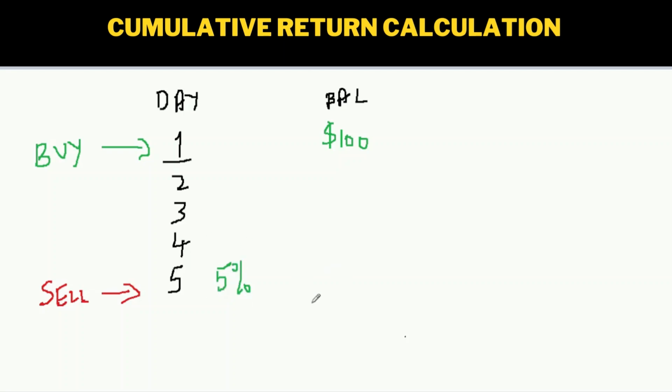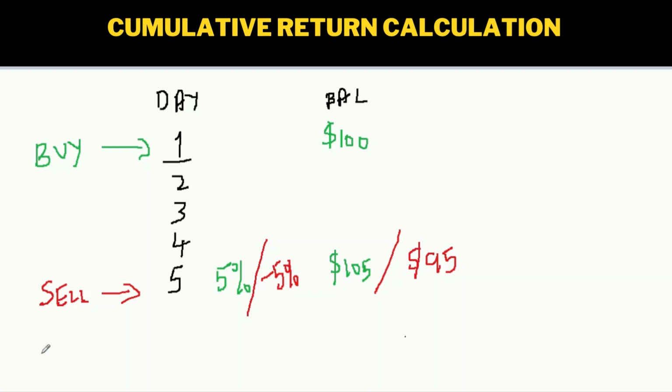When we sell, our balance will become $105, which is the $100 that we invested and the $5 profit. Now, if this trade results in a loss of 5%, then our balance will become $95. This is simple mathematics.